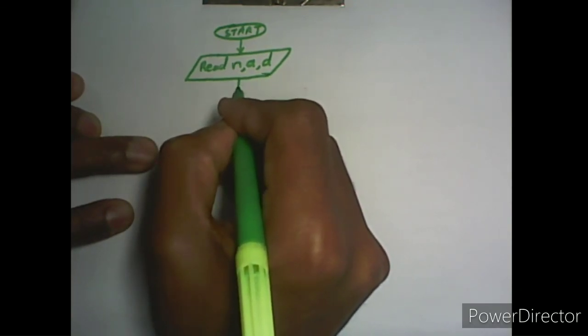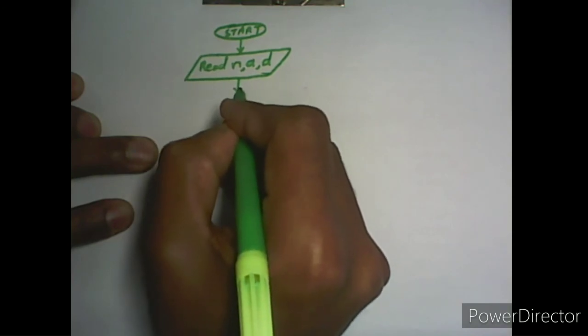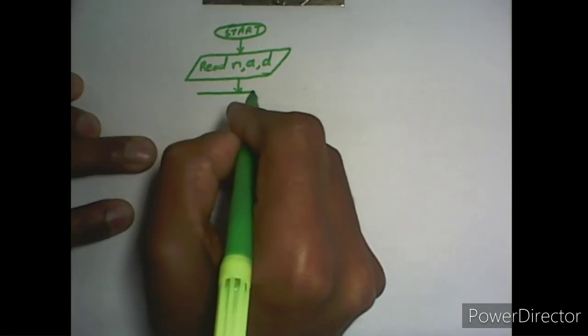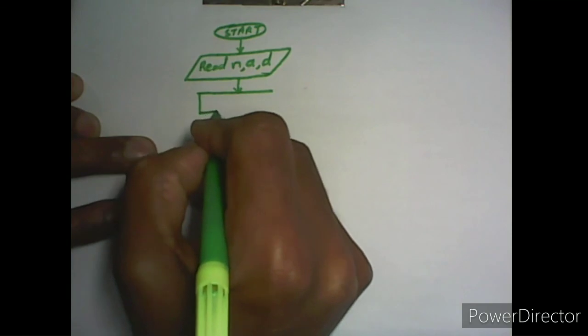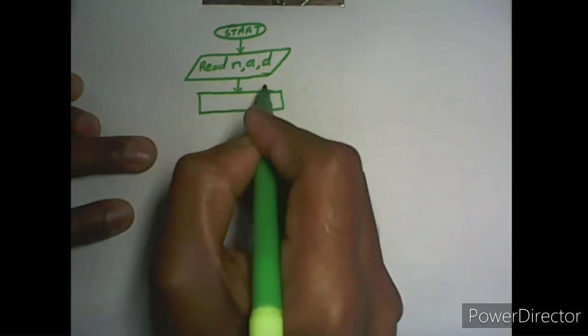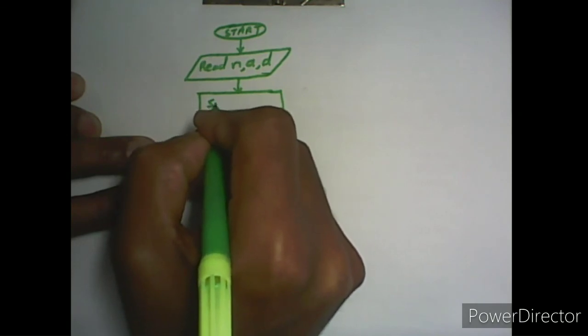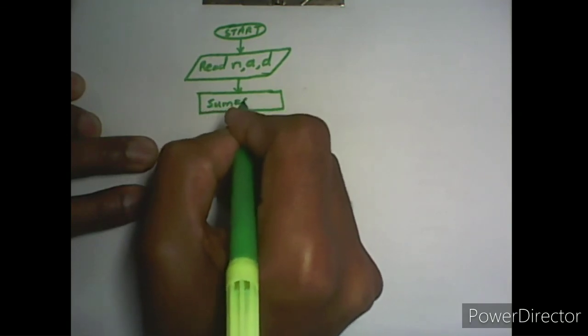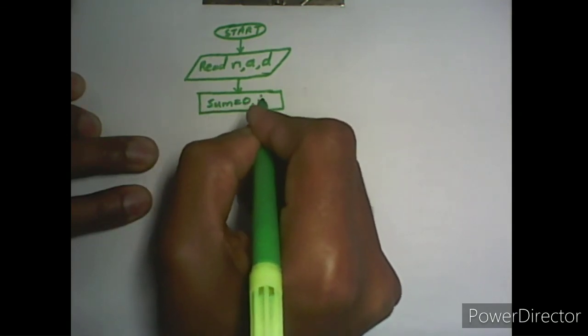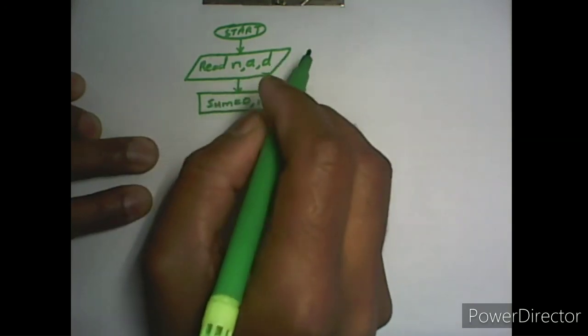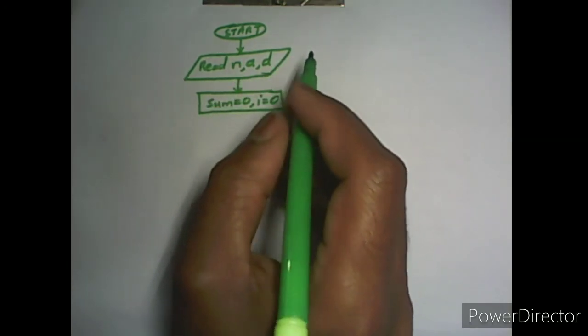Then we initialize the values of the sum and the counter we talked about in the algorithm. So sum we initialize to 0, then the counter we initialize to 0.